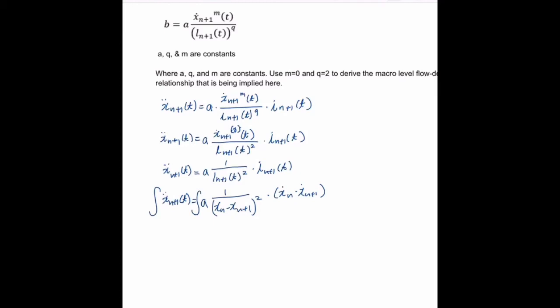So now I'm gonna take the integral on both sides. The integral of the acceleration now becomes the speed of the follower, which can be written with 1 dot. And I'm also gonna take out A because it's a constant. So A times the integral of 1 over the space headway squared, times the relative speed.